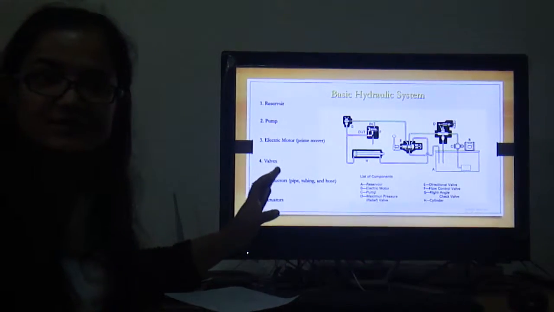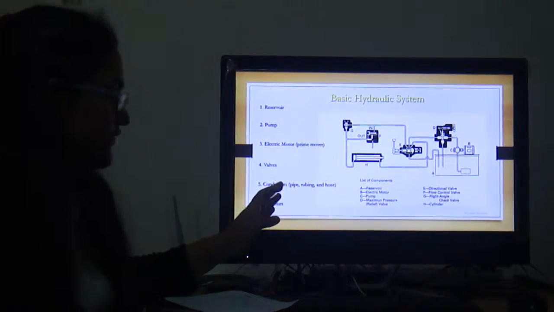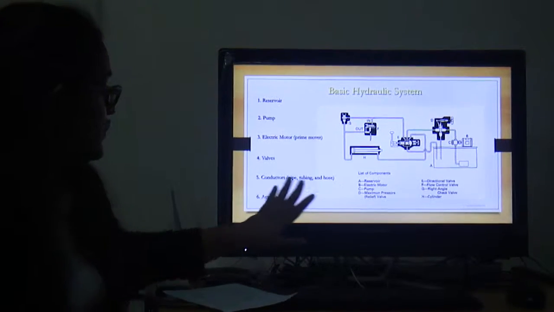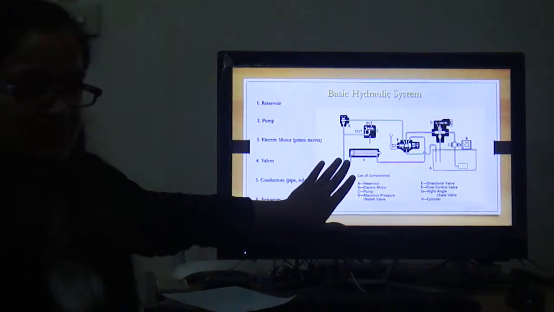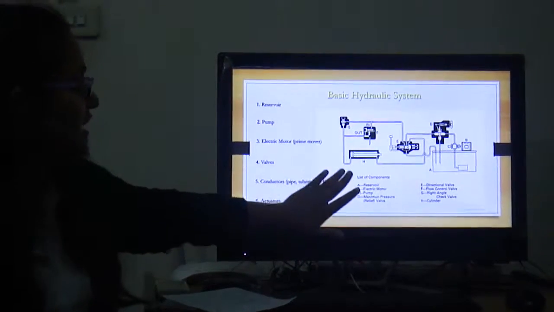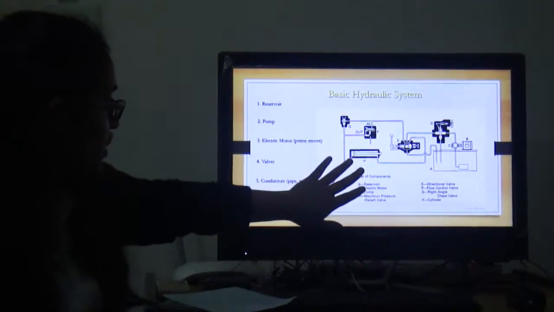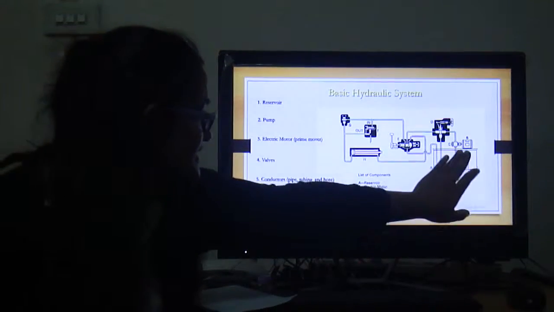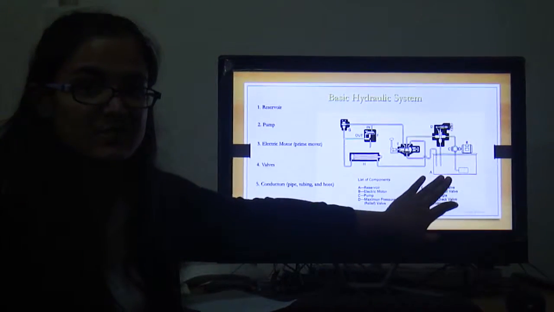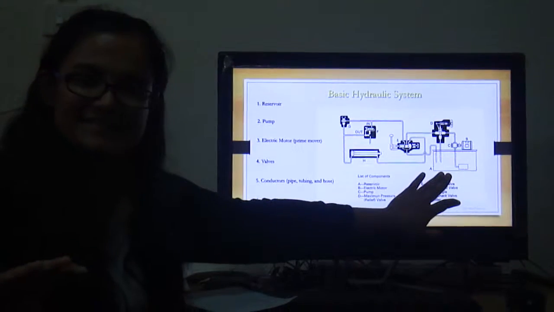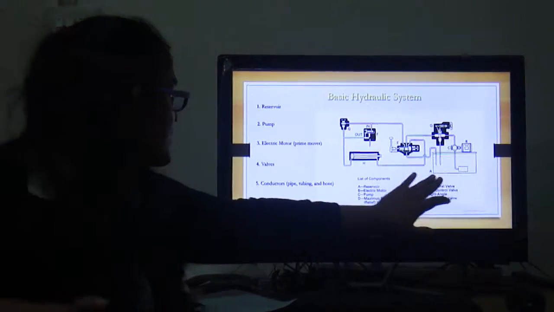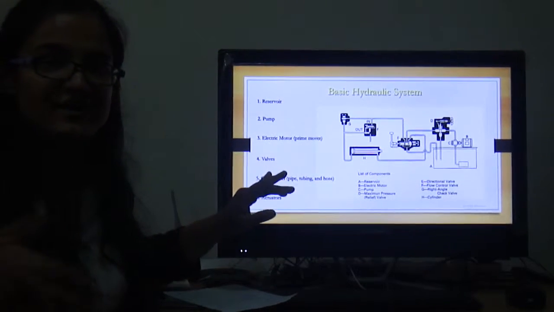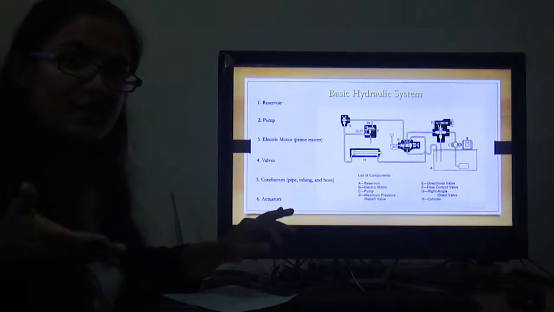Since I'm done with pneumatics, I'll move on to hydraulics. We know hydraulics uses oil, so this is a basic hydraulic system. In a basic hydraulic system, we have the reservoir, this tank, the one place where we store the oil and water. Then we have the pump. These pumps' function is to pressurize the oil and water, to pick it up and pour it down.